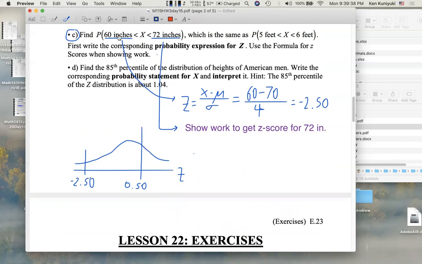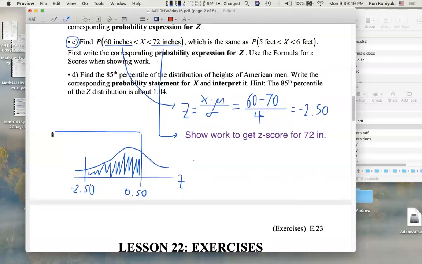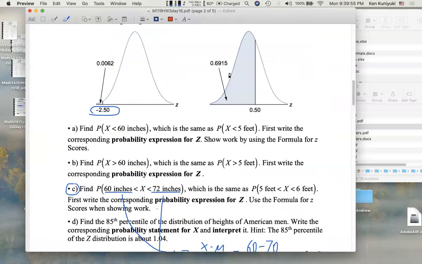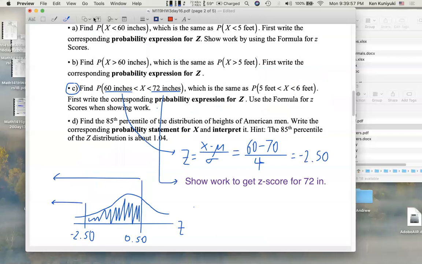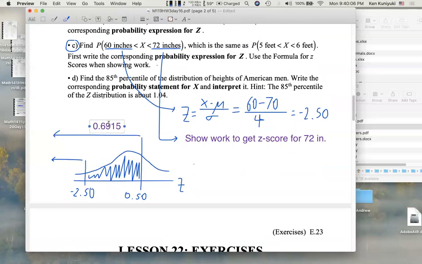Now we want an in-between probability. So we want this shaded region in here, this piano-looking thing, between these two values. So we need to take this probability or area and subtract off this probability or area, and they're given up here. 0.6915 for the bigger area over here, and 0.0062 for the smaller area over here.